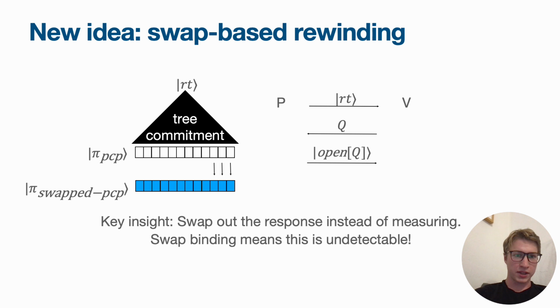Okay, so at the end of this, we should have an entire PCP, or at least most of the quantum PCP, written down as a regular quantum state, and we'll have completed the extraction.